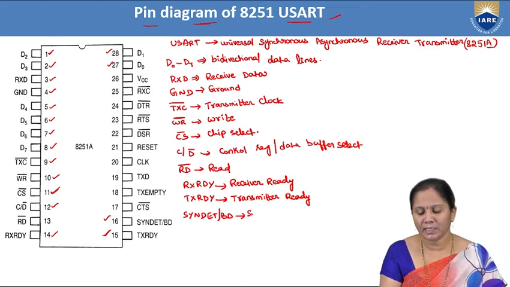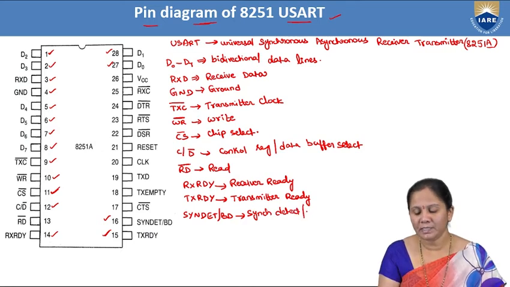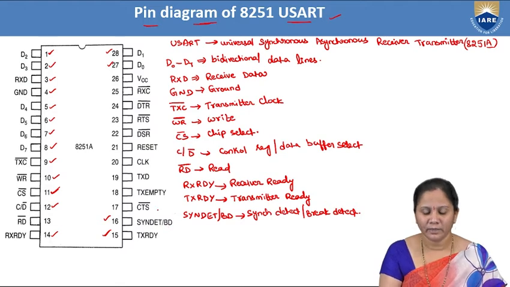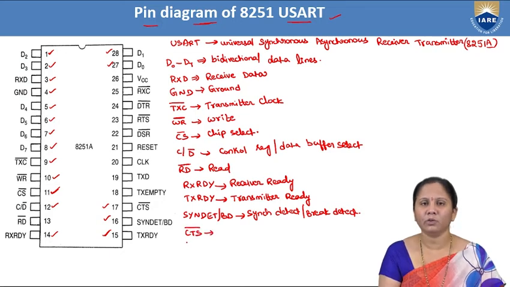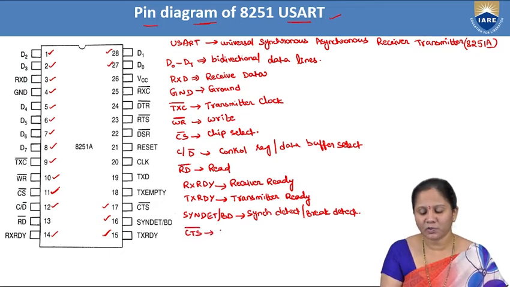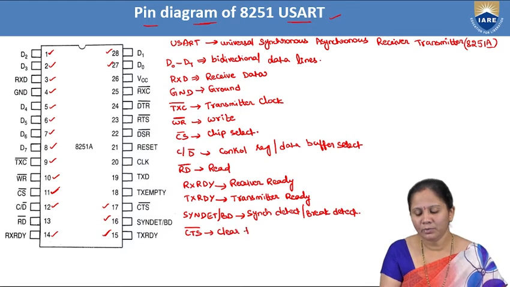SYNDET represents sync detect, and BD represents break detect. The next, 17th pin is CTS bar, which is an active low signal. CTS stands for clear to send.